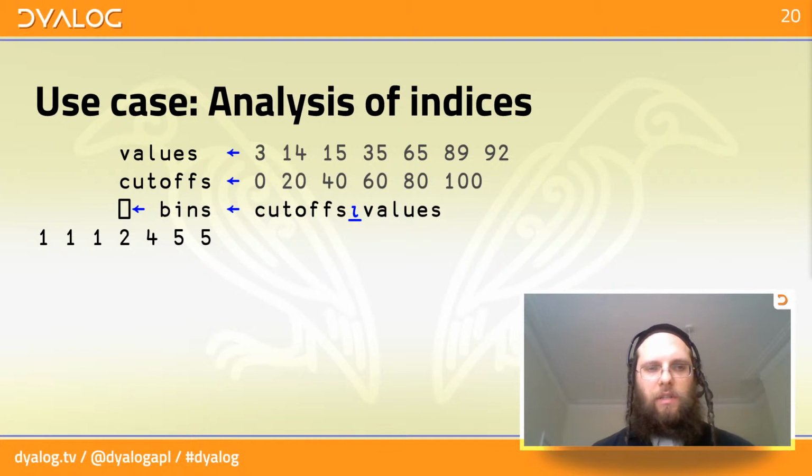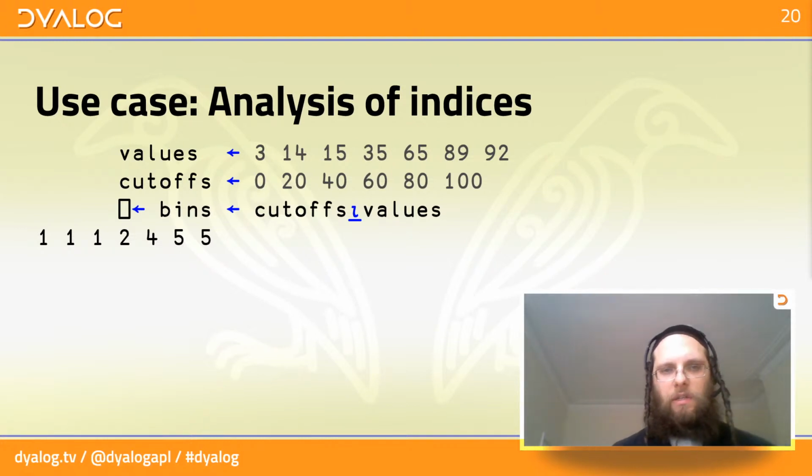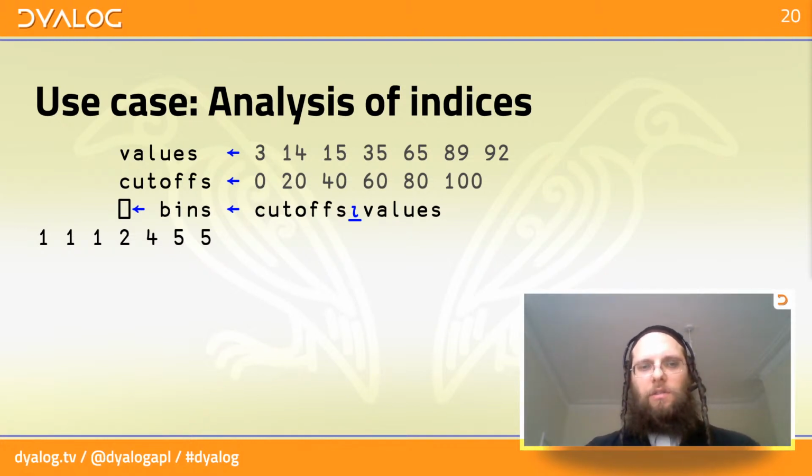Between 40 and 60 there aren't any, so that's why there's no 3 in the result. Then we have 65 in between 60 and 80, and the last two are in between 80 and 100. And what we want to find here is for each slot, so the 0 to 20 slot, the 20 to 40 slot, the 40 to 60 slot, for each slot, how many values, how many measurements went in there.